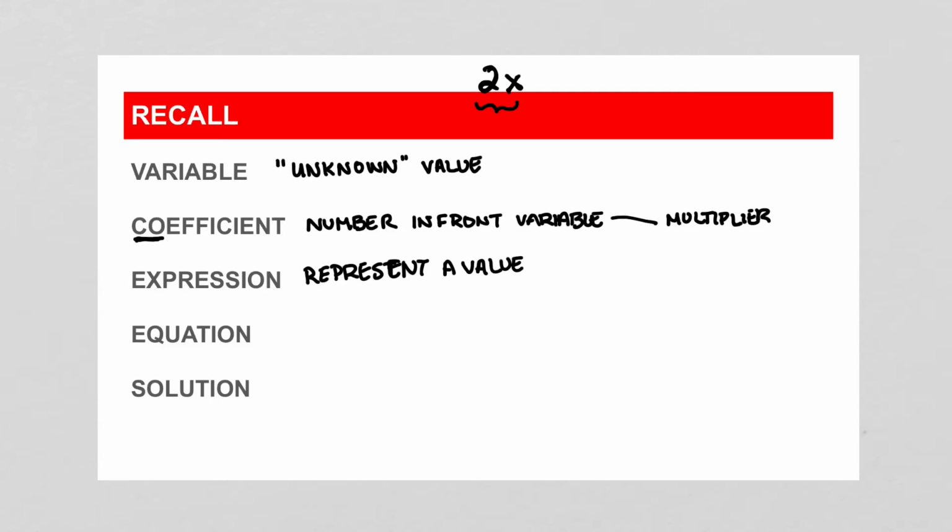Okay? Now the difference between an expression and an equation is that an equation is generally a number sentence that sets 2 values or expressions equal to each other. That's what's important there: in an expression, you don't see an equal sign, but in an equation, you definitely do.